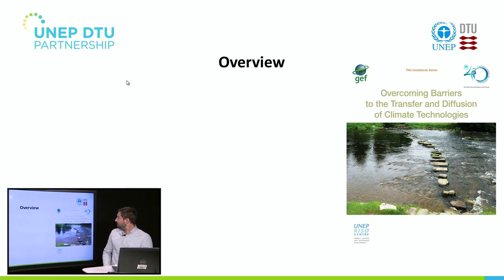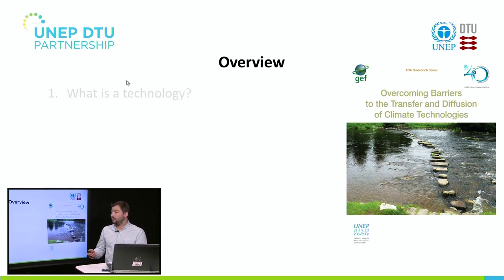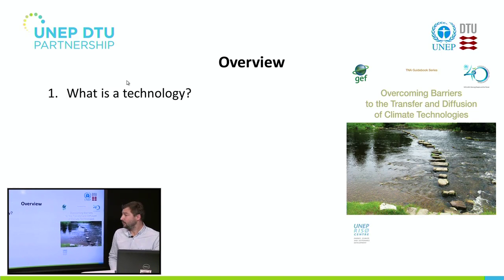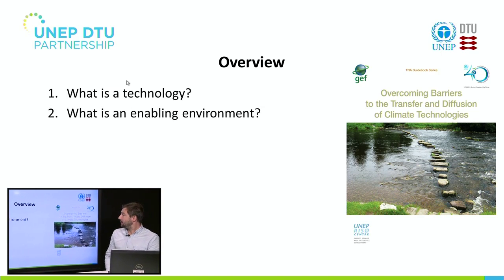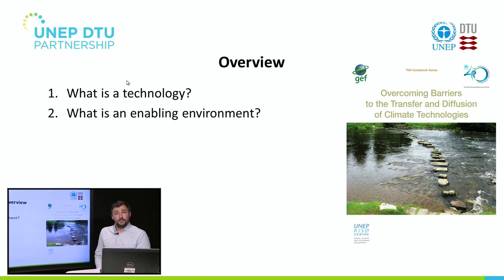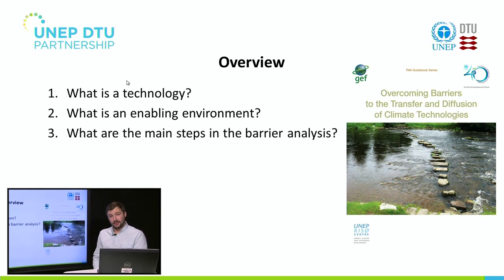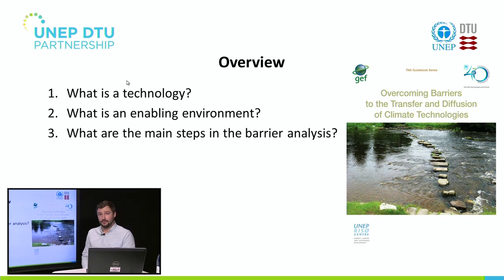So in the next part of the presentation, I will focus on addressing the following questions. Firstly, the key concept of a technology will be addressed. Secondly, I'll speak about what we mean by the concept of an enabling environment. Thirdly, we'll turn to the main steps involved in the barrier analysis.